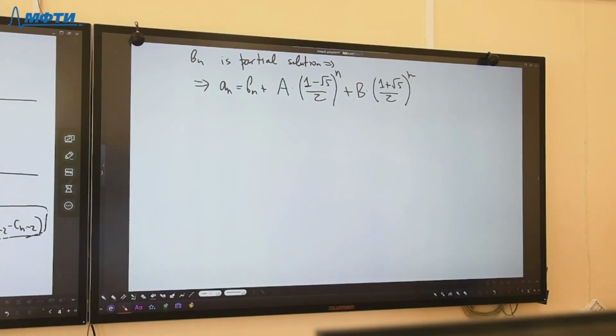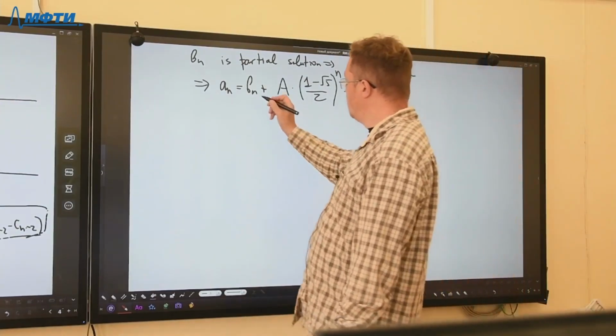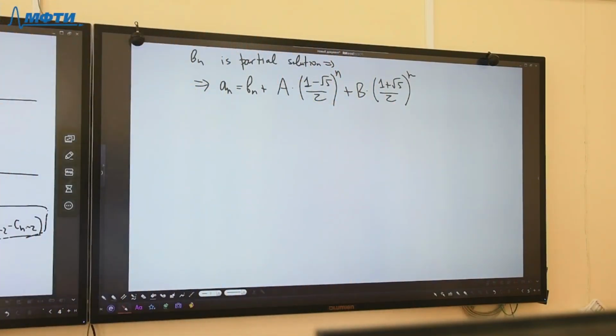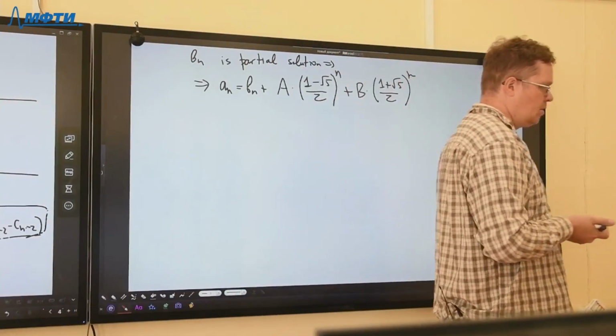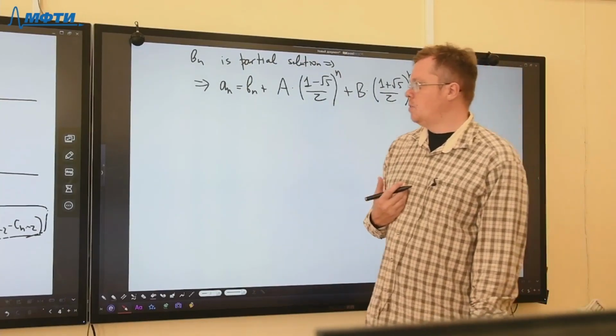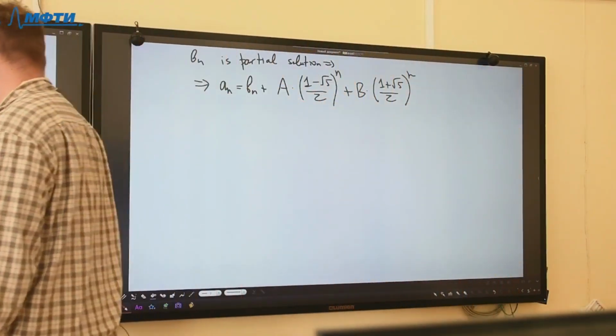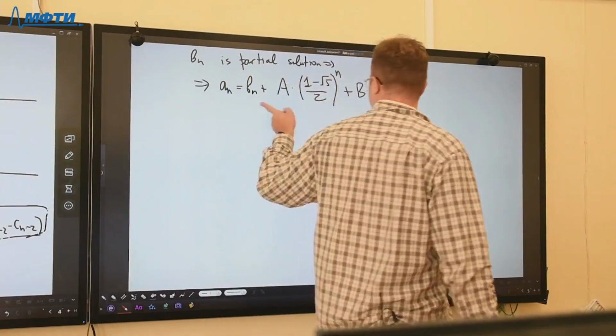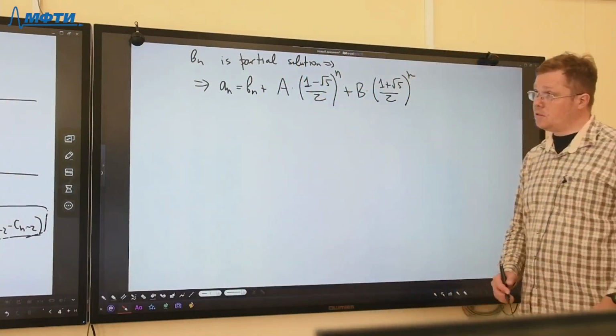So all we need, if we can do this, is to find some partial solution of this linear recurrence. And then if we want to find exactly this type of solution, we just use this formula and find A and B such that this holds.